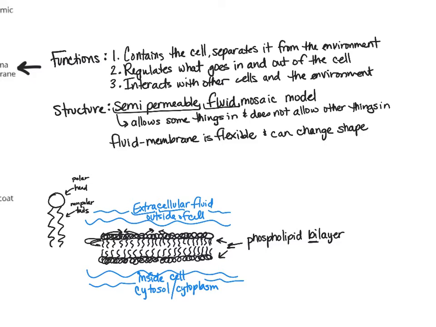You can imagine that this polar head would be like the beads sitting on top of the water, where they're maintaining this layer, but they're able to move within it. And it can also change shape, meaning that the cell itself can stretch out and get smaller. There are some cells that we'll talk about called macrophages that create pseudopods, which are fake feet.